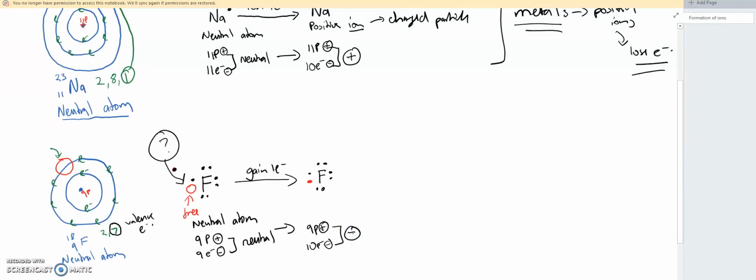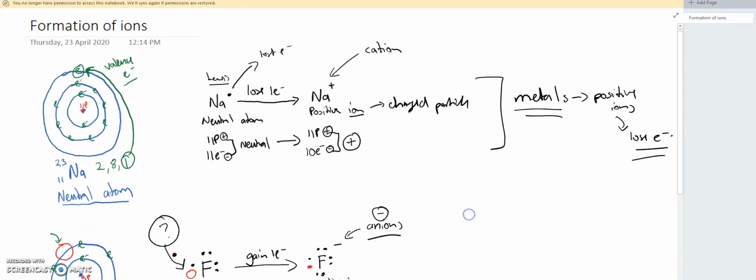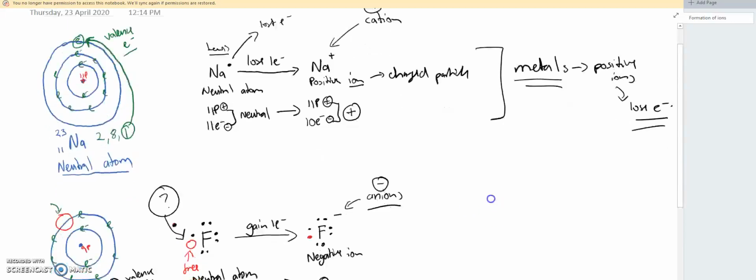So he's no longer an atom, he's an ion, and this time he's a negative ion. And we show that negative up here, so -1, and we actually call negative ions anions. Okay, so negative ions are anions, positive ions, like we showed up before, are cations.